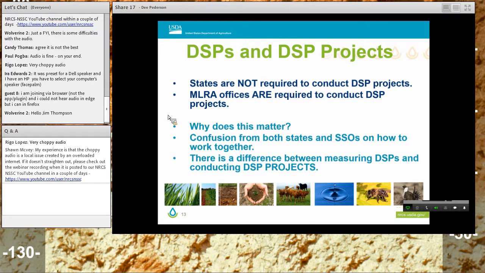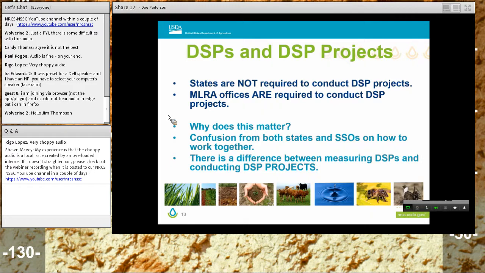All staff should understand and be able to explain this confidently to states and partners because it's an important point. But the practical purpose is to assist states with soil health and function goals. So there's a really big picture goal, and then there are smaller short-term goals.